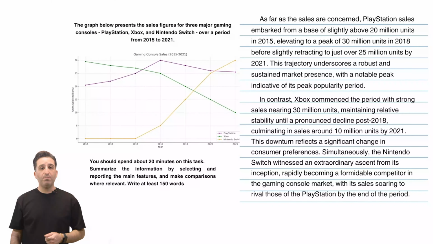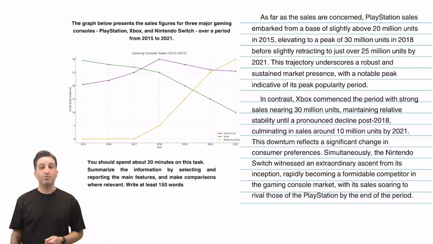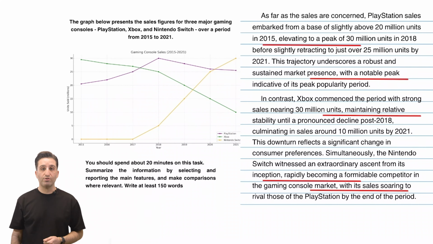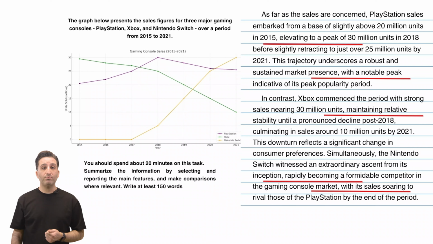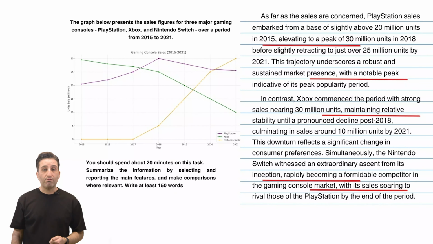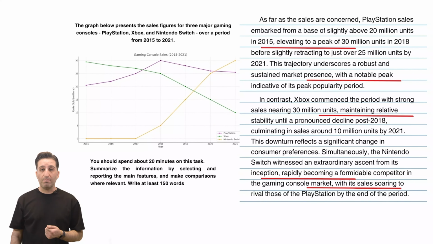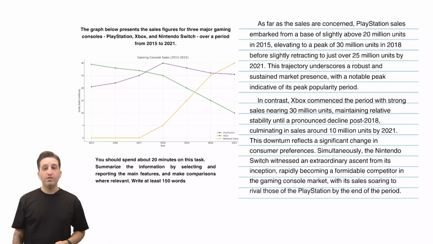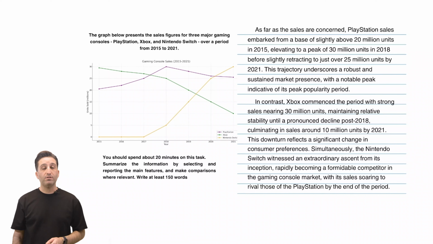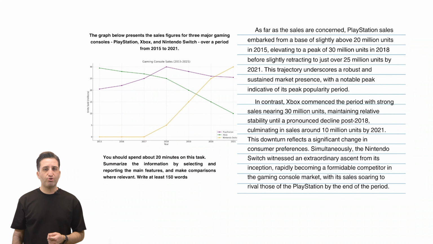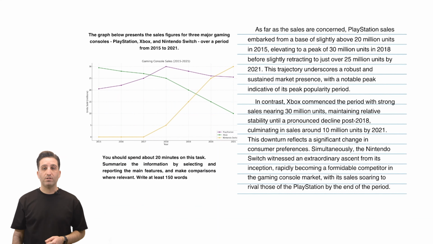As you can see, the paragraph demonstrates a mastery of complex sentence structures, employing a mixture of simple, compound, and compound-complex sentences. This variety showcases the writer's grammatical range. The choice of vocabulary is both precise and varied, illustrating the writer's ability to describe trends and changes accurately.